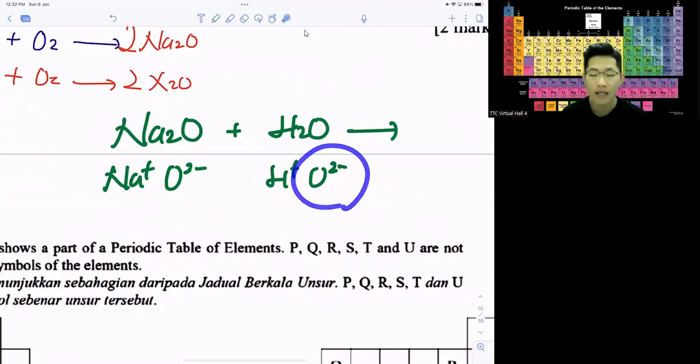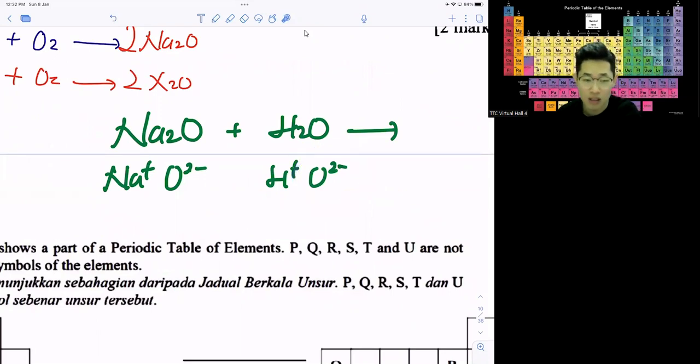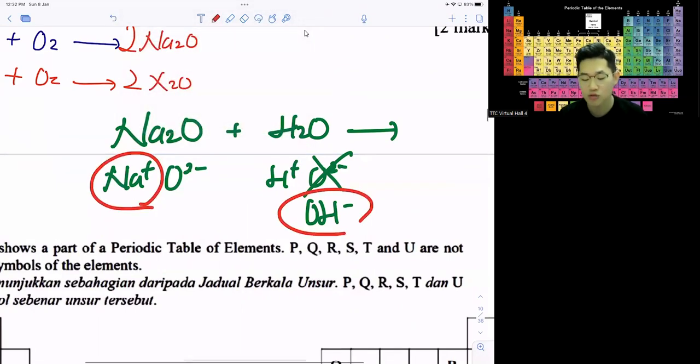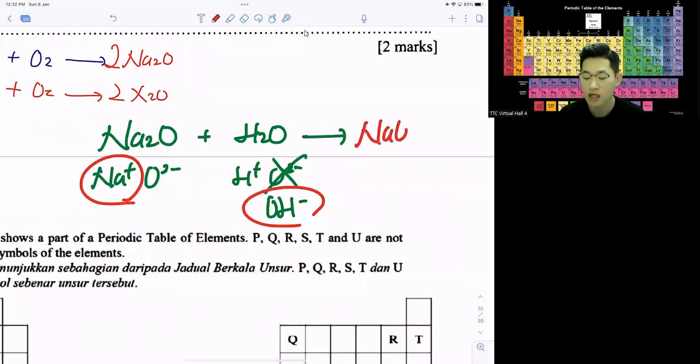When listing out the ion for water, O2 minus is one of the mistakes that students will make. Remember, don't put O2 minus. It is OH minus. Exchange partner, Na plus and OH minus together, NaOH.